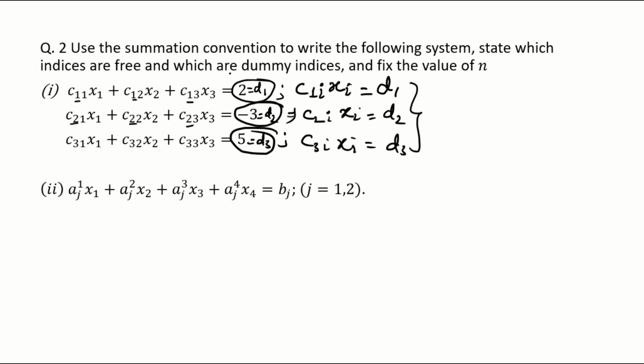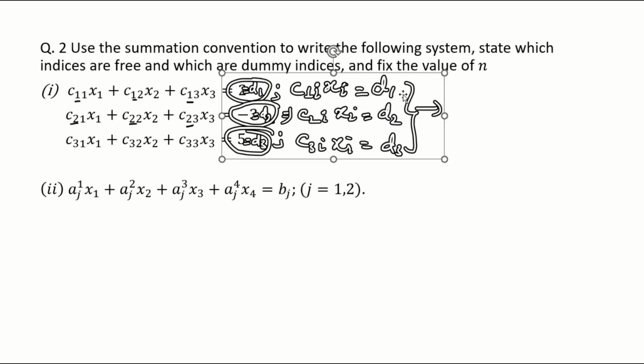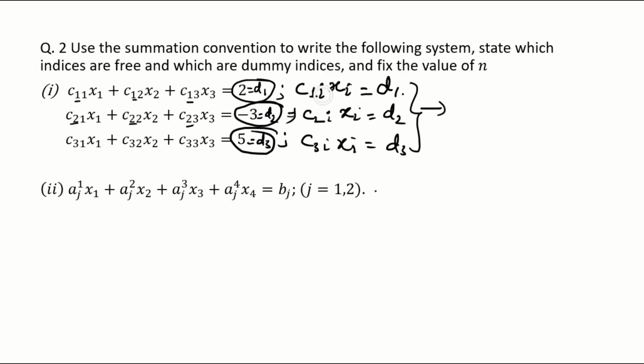Now let us combine these three into one expression. So what we can write here, C1i xi then D1. If you see carefully, then C's first subscript is matched with D's subscript. Here we have 2, then here we have 2, here 3, then 3. So let us write first subscript as j. So I am writing j, the second subscript as it is i, xi is equal to dj, because this matches with D's subscript.